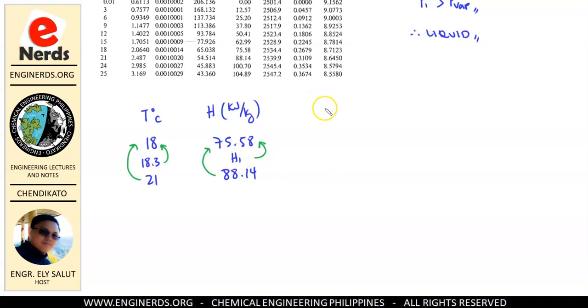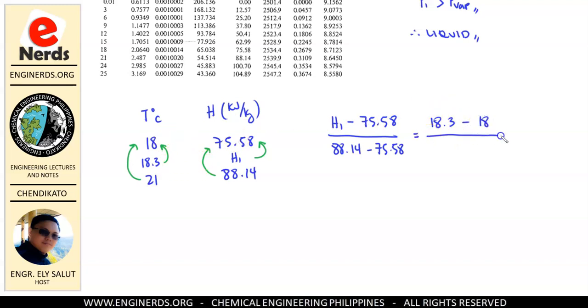So H1 minus 75.58 divided by 88.14 minus 75.58. Okay, and this is equal to 18.3 minus 18 divided by 21 minus 18. Okay, so we did the same dito sa ating enthalpy and here sa our temperature.